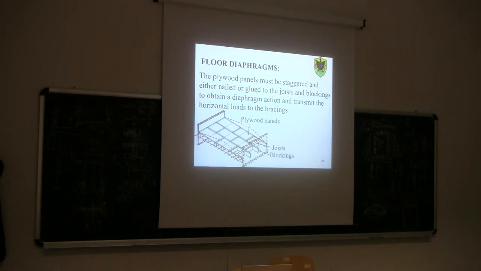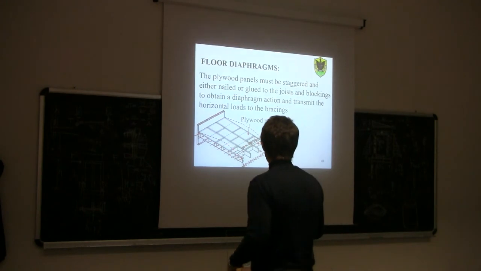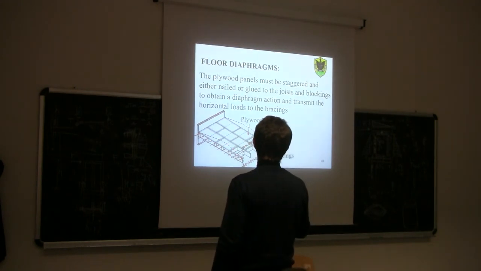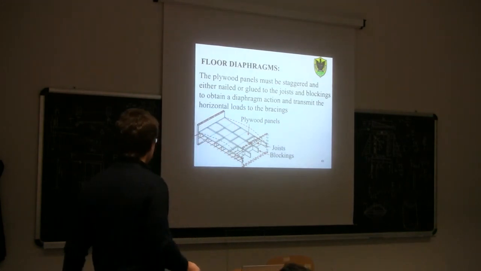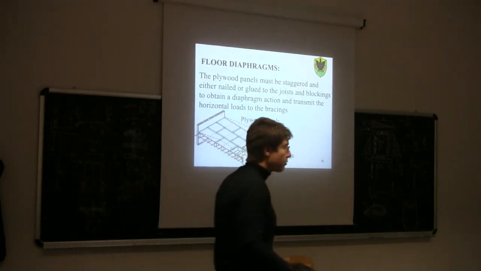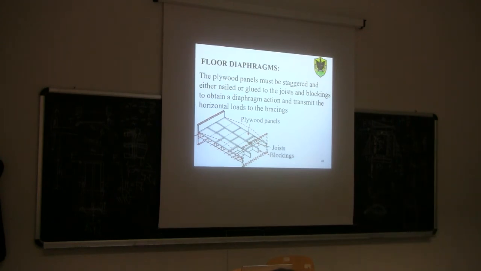So we should design this floor in order to make sure that it's able to transfer all the horizontal loads directly to the vertical shear walls, which are the bracing of the system. So while for reinforced concrete usually we don't check the strength of the floor in plane, because we assume that it's strong and stiff enough to transfer the load directly to the bracing.